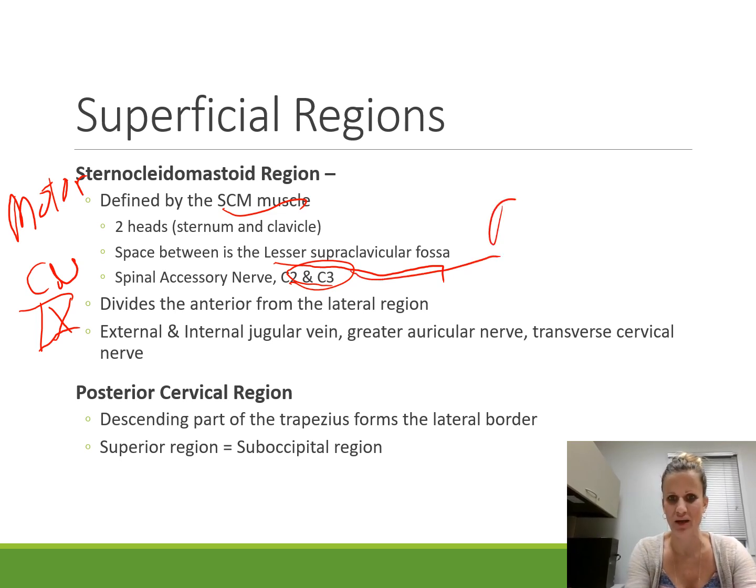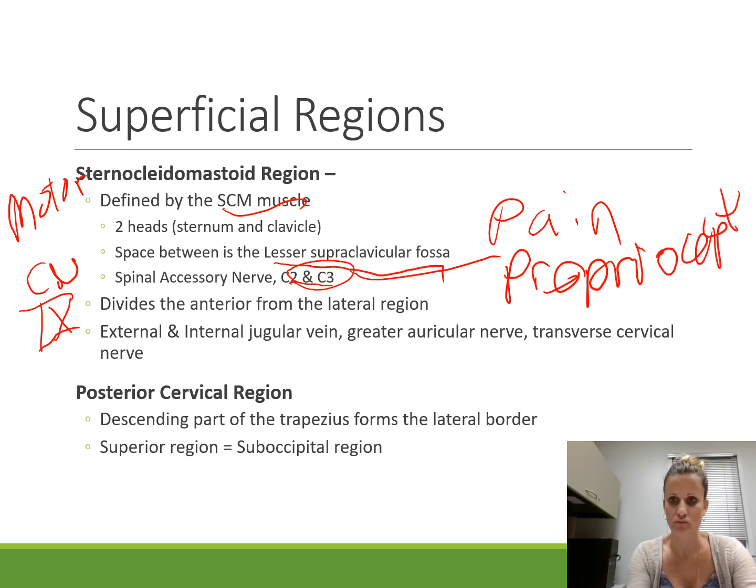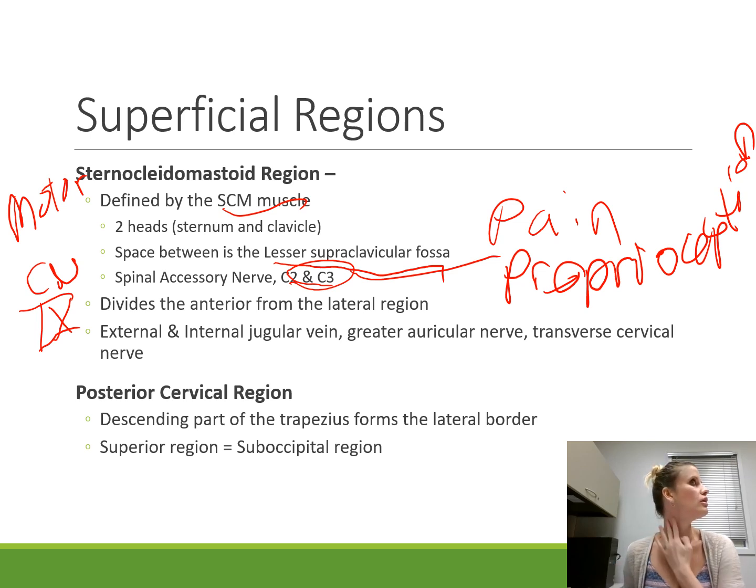So this is stuff like pain or proprioception, which remember is just the sensation of position. The sternocleidomastoid, the muscle that you can see sticking out right here, acts as a barrier that separates the anterior region from the lateral region.